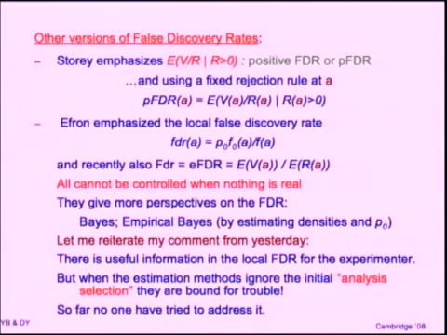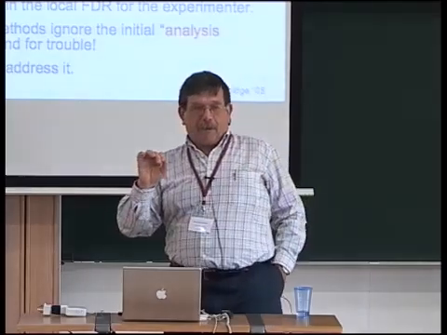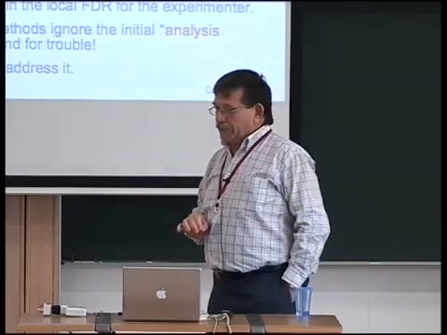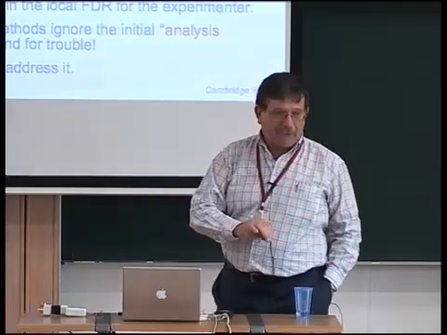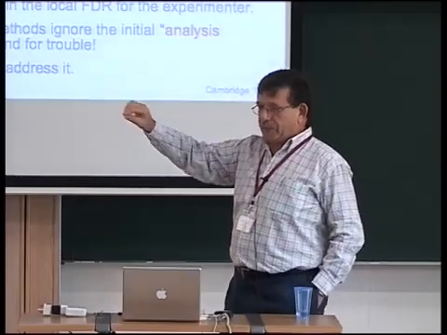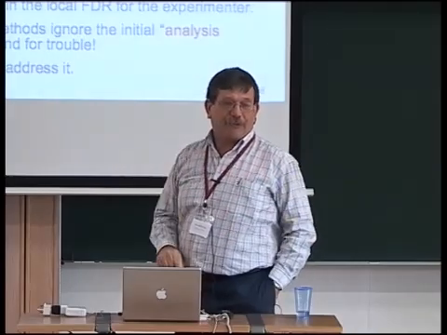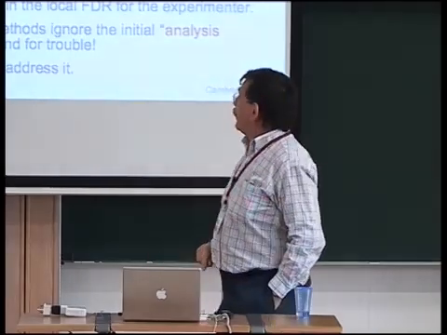I would like to reiterate my comment from yesterday. I think there is useful information in the local FDR. It can serve the experimenter very well when he wants to actually choose individual genes to further work on them.